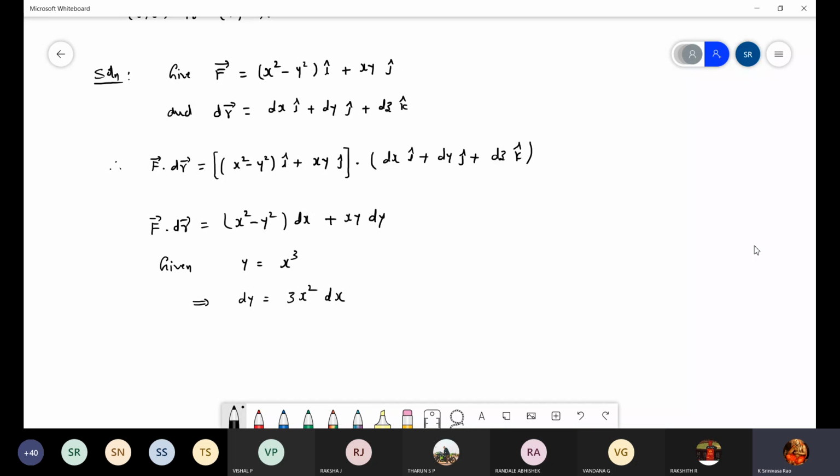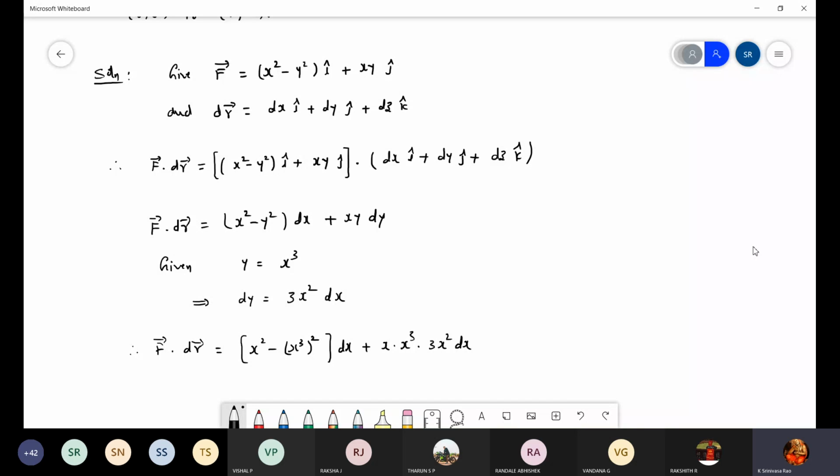So substitute in the above equation, therefore f dot dr equals x square minus y square, nothing but x cube square, into dx, plus x into y, nothing but x cube, into dy, nothing but 3x square dx.